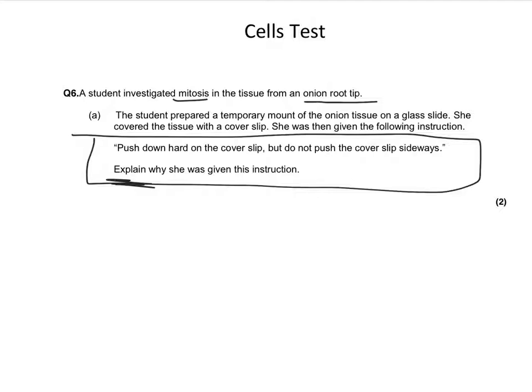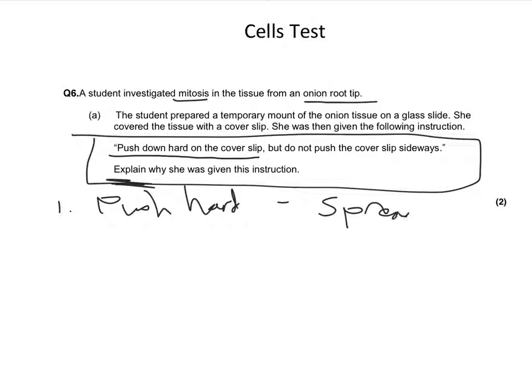Well, we can split it up into 2 things. First of all, push down hard on the cover slip. That's the first point. Pushing hard spreads the tissue, doesn't it? That's what we're doing, spread or squash the tissue. So that's for the first mark, and then why do you not push the cover slip sideways?